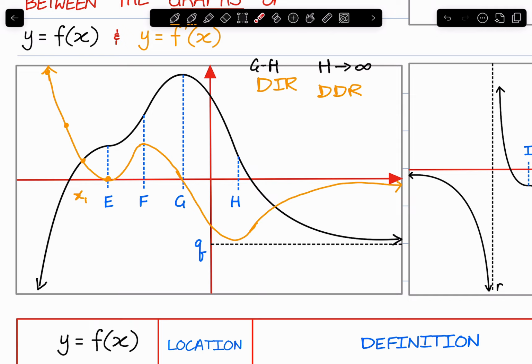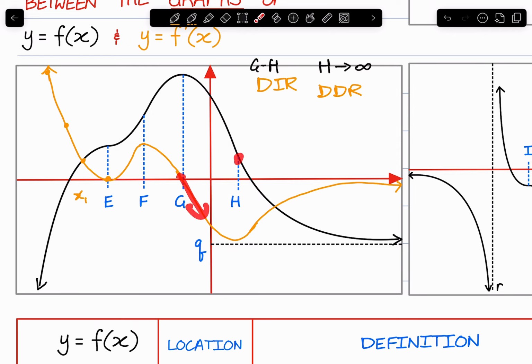I'll repeat one more time for this. Hopefully we can get through this quickly. It is positive gradients approaching zero. But then it is positive gradients again, so it's increasing. But then from the point of inflection to the next stationary point, it has to go back to zero. And then from G to H, these are negative gradients, hence why below the x-axis.